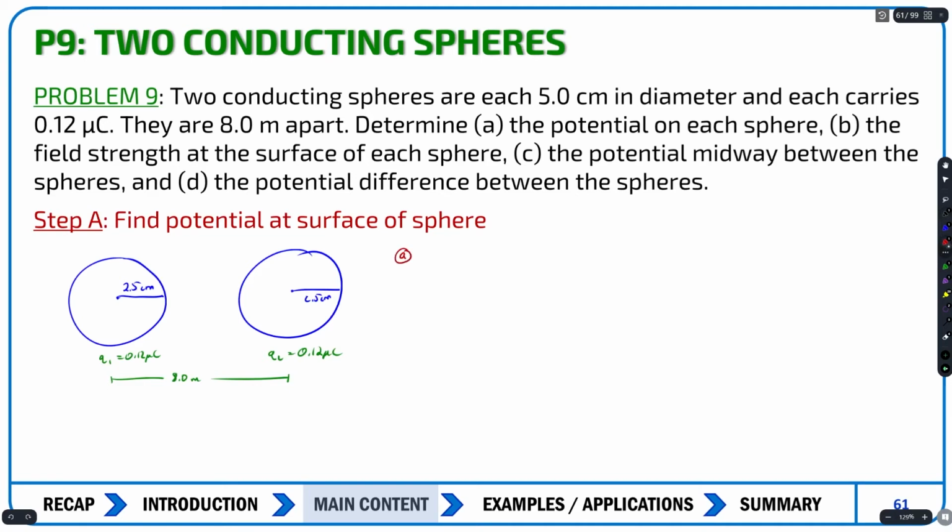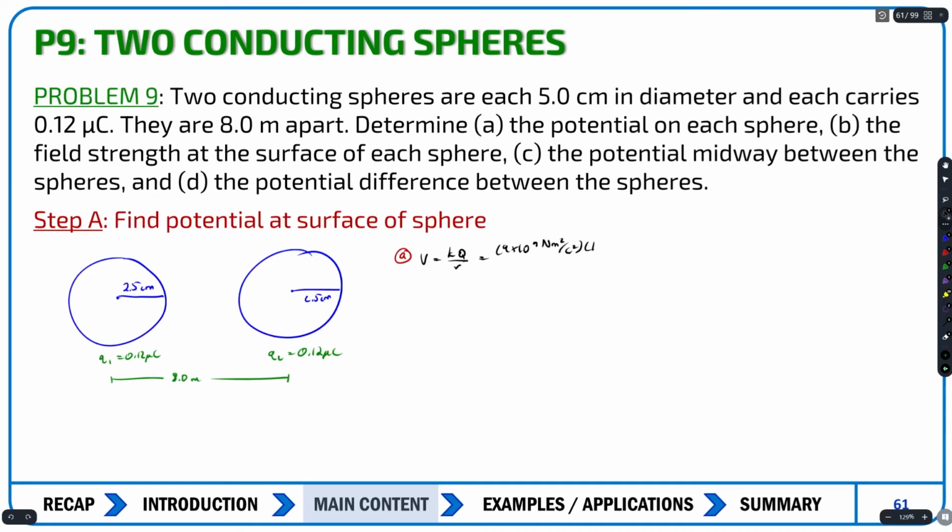Okay. Now in part A, it's asking us to determine the potential on each sphere. So V is equal to kQ over R, which is equal to 9 times 10 to the 9 newton meters squared per coulomb squared.